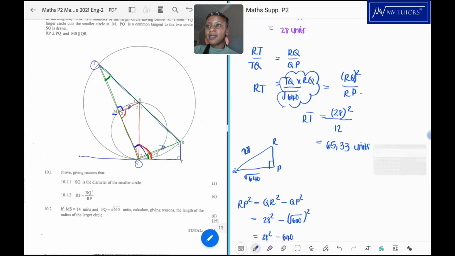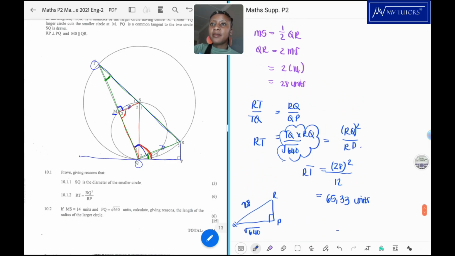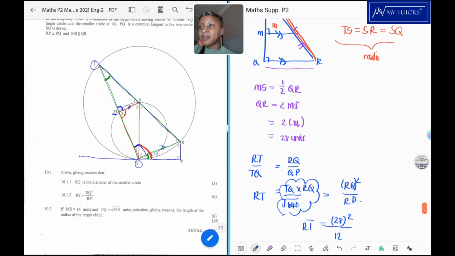If MS is 14, then QR was 28, and we're trying to get TR or RT.